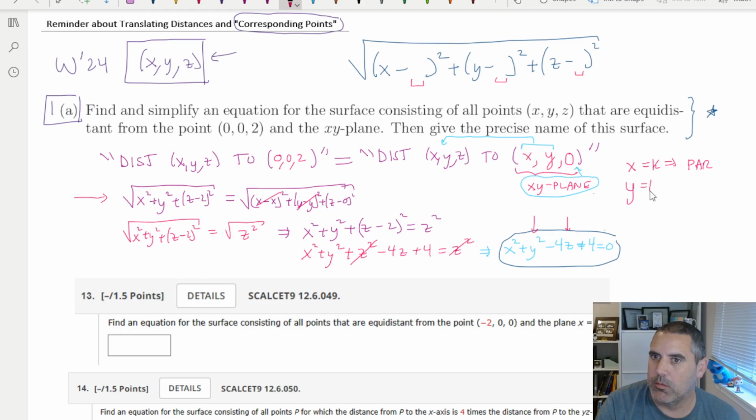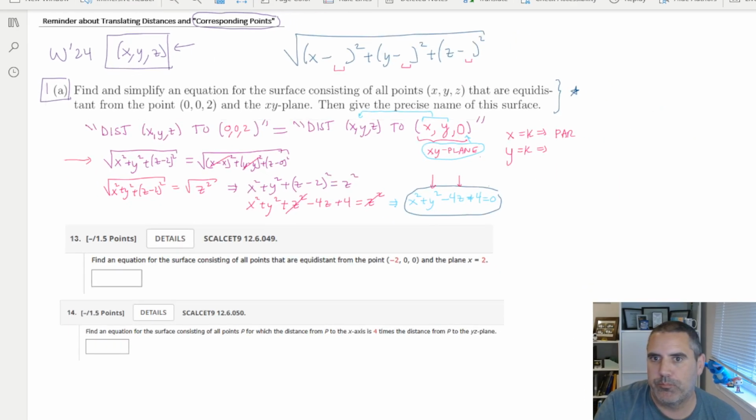If y is equal to k, and if it helps, I could write it over here. I need to give myself some more space. Sort of recap how we did this. Okay, if x is a constant, I'll just put a box where x was. You should see that I have 2 variables, one is squared and one is not.